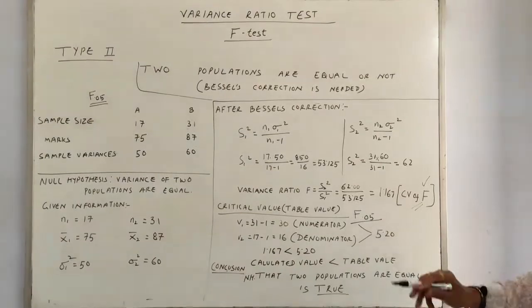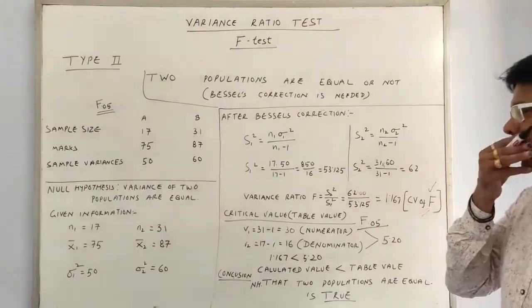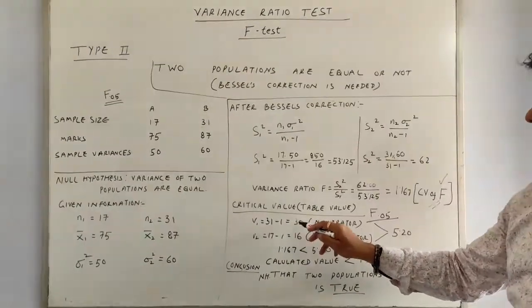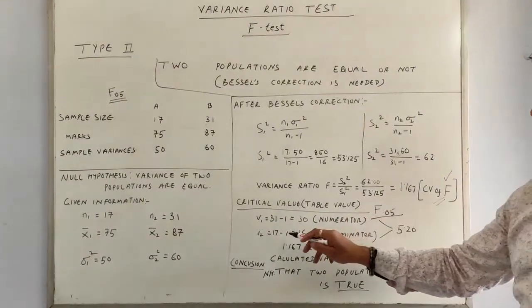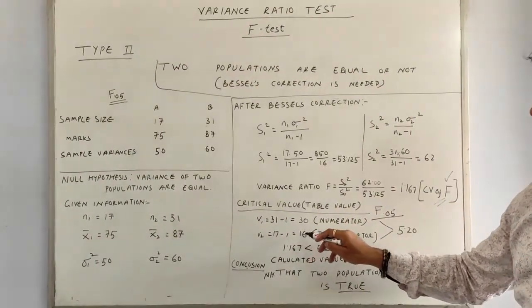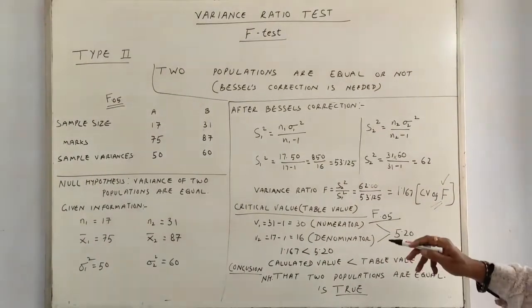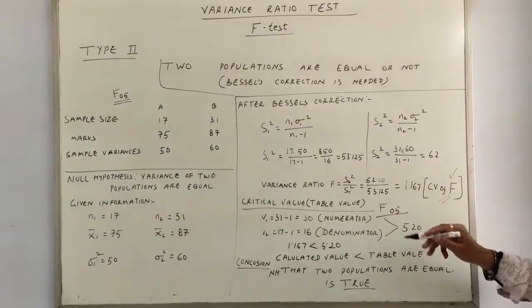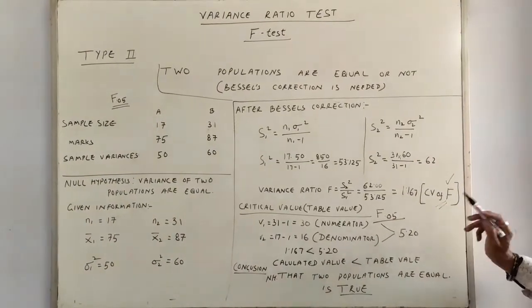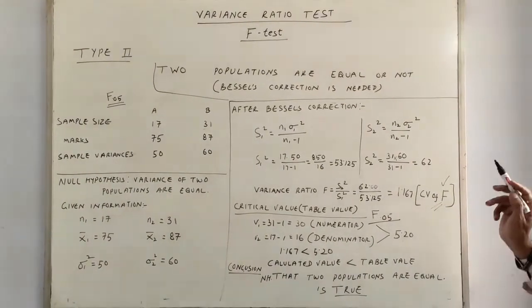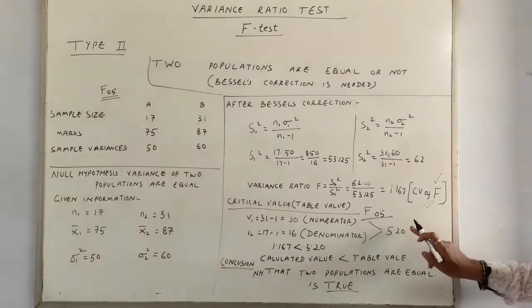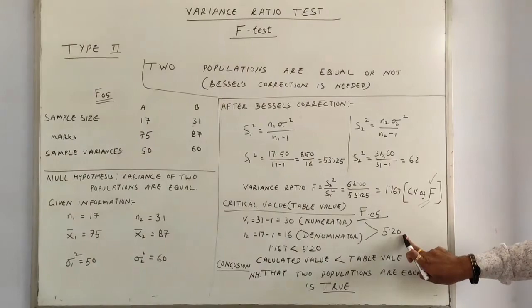Now to find the critical value, 31 minus 1, that is 30, is the numerator, and 17 minus 1, that is 16, is the denominator. When we look at the table, we get the value of F as 5.2. That is the table value or critical value.